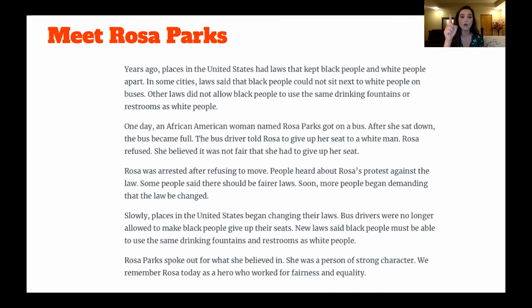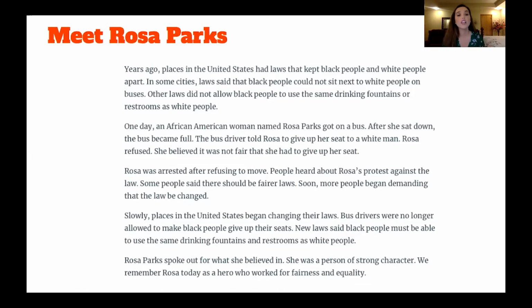Hopefully you guys put a 1. You guys put a 1 because this is just telling us that we are going to learn about the time that Rosa Parks got on a bus. So for the main idea, I'm going to write Rosa Parks got on a bus. Perfect.